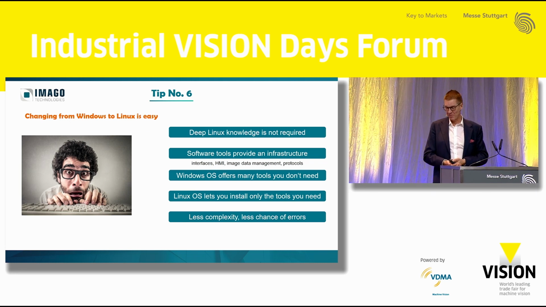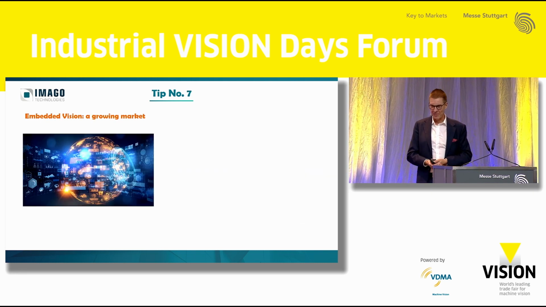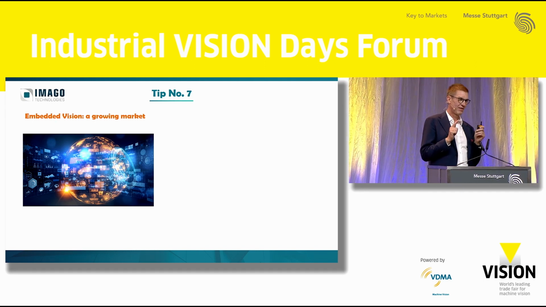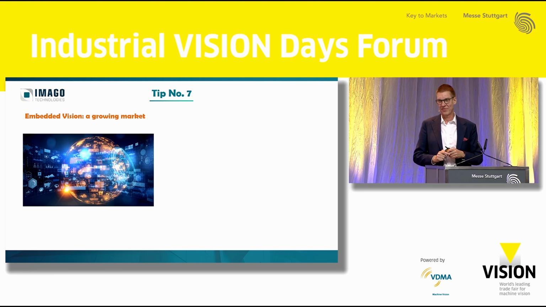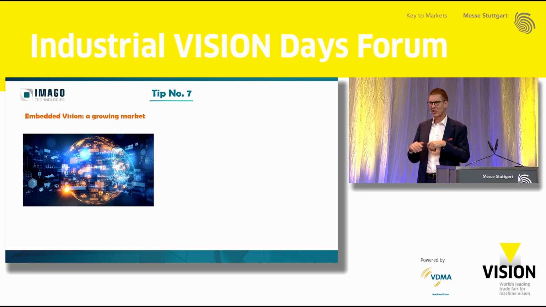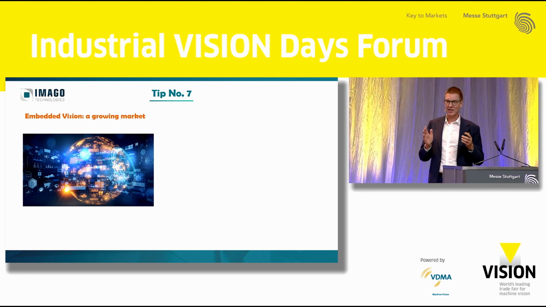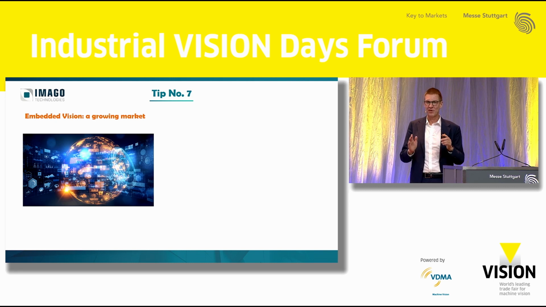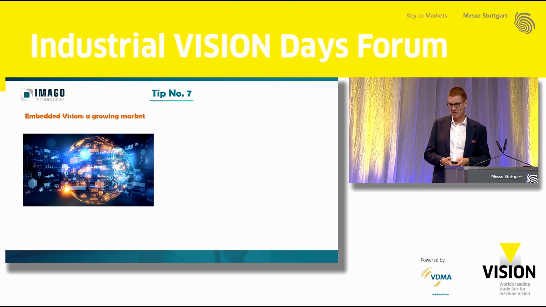Last one, tip number 7. Embedded vision, a growing market, but not in machine vision. Judged by quantities of technologies, CPUs, whatever, machine vision is a very, very small market.